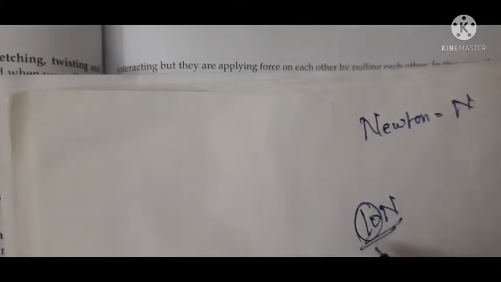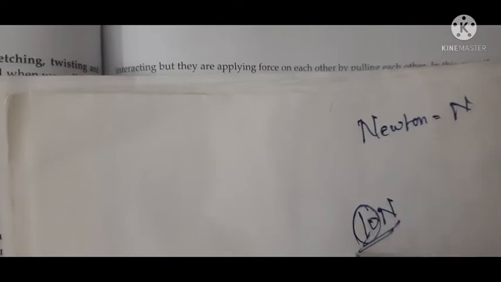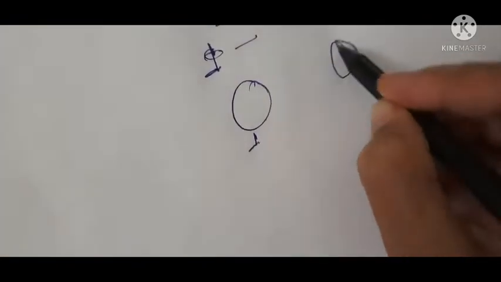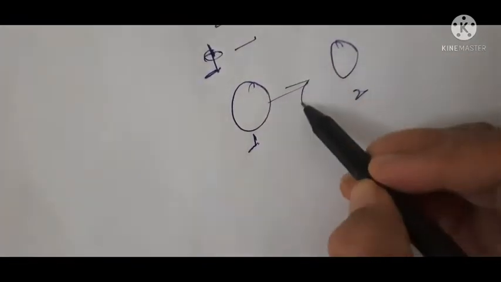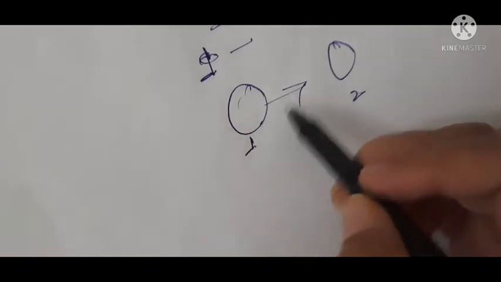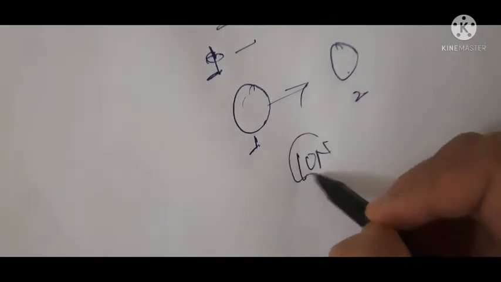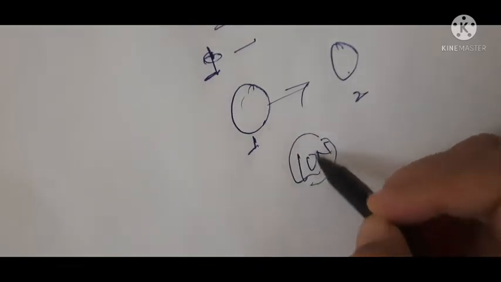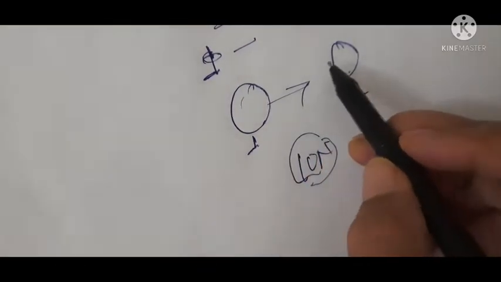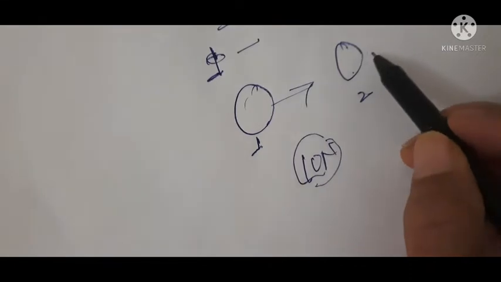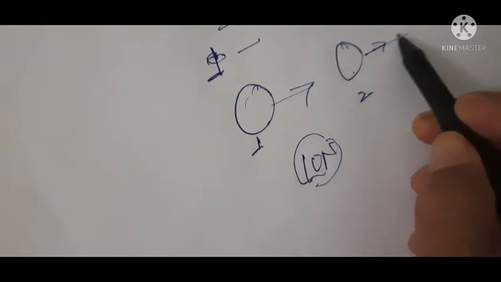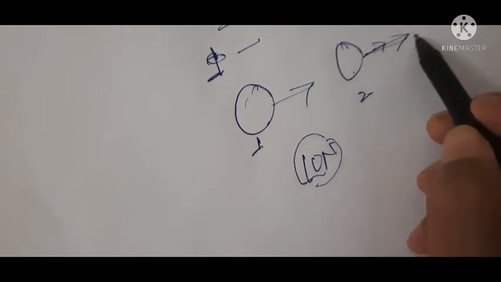I am saying a force exerted by object 1. Suppose this is object 1, this is object 2. So the force exerted by this heavier object on object 2 is 10 Newton, which means this much amount of force is exerted, and due to the effect of that force, object 2 moves in a forward direction.